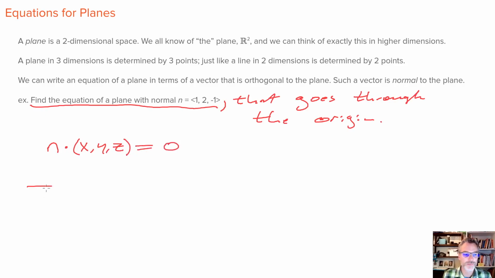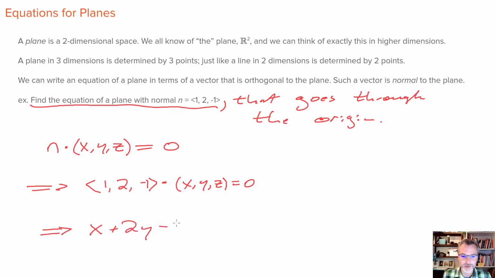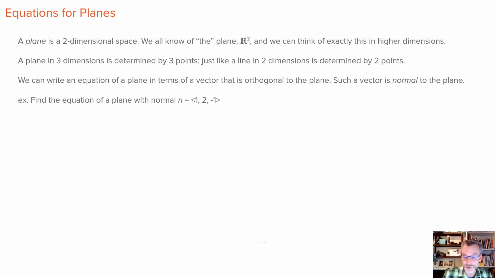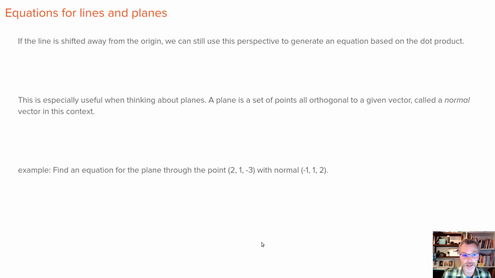So if my normal is just 1, 2, -1, if I dot that with any of these x, y, z, I'll get 0. That simplifies a bit. I can just carry through that dot product. I would have x plus 2y minus z equals 0. And that's it. That's the equation of the plane that we're looking for. Pretty simple. And actually, totally analogous to the line case.